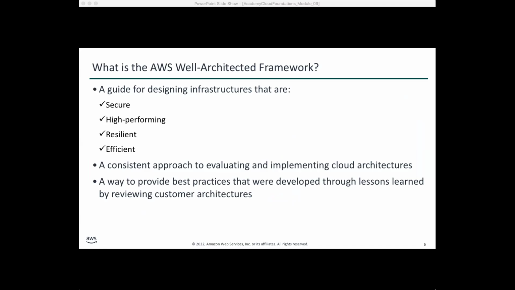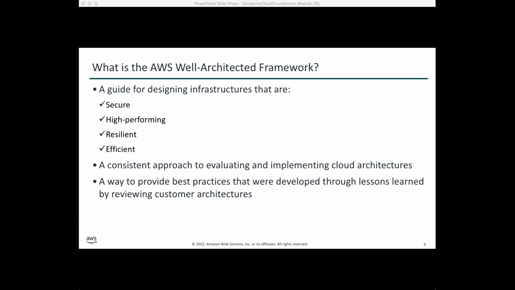So what is the AWS Well-Architected Framework? It is basically a guide for designing infrastructures that are secure, high performing, resilient, as well as efficient, right? So it is a procedure that ensures a consistent approach to evaluating and implementing cloud architectures.